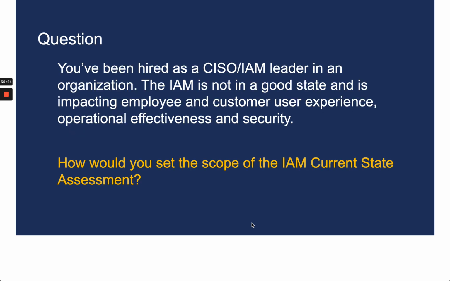How would you set the scope of the IAM current state assessment? Let's say you want to do a current state assessment, and you hire someone, or however you do it. Because you have to give somebody who will do the assessment, or even if you do the assessment yourself, you have to set the scope. How would you do that?